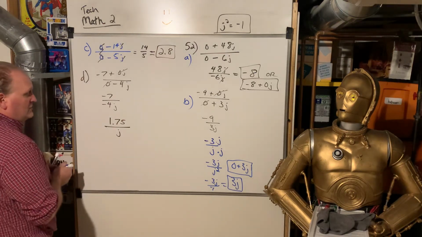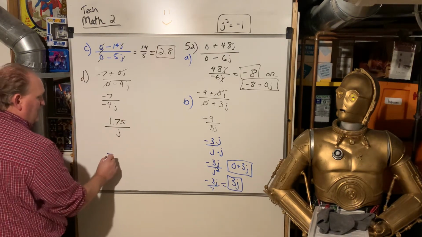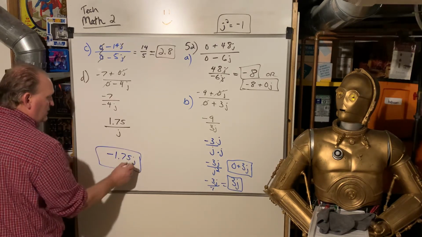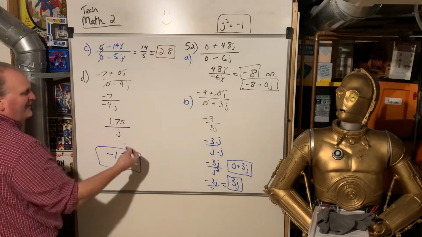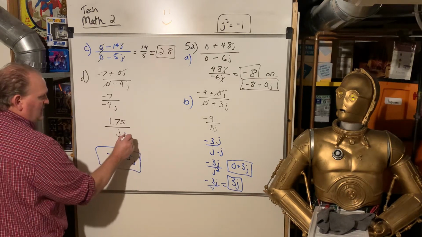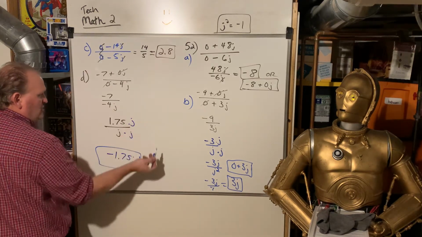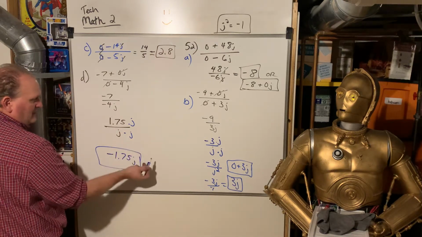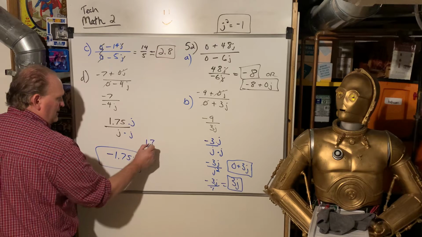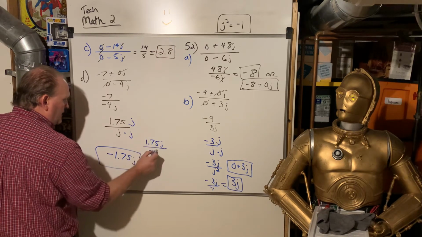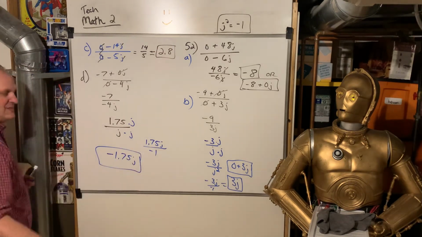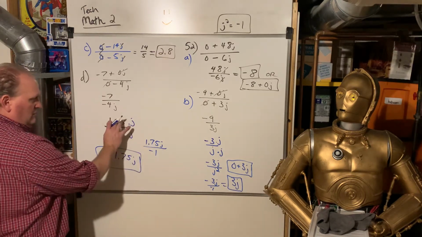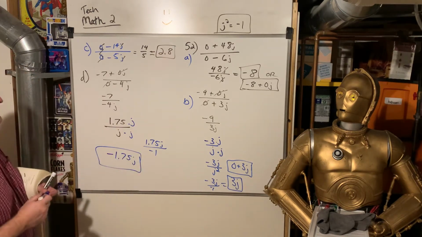I've had students in the past say, look, I'm just going to make it negative 1.75j, and we're good, like when I move it up to the top, that makes it negative. Yeah, I'd like you to understand you multiplied top and bottom by j. That's where the j came from on the top, and on the bottom, that becomes negative 1. So you've got 1.75j over negative 1, and that's why it becomes that. But if you want to skip that work and just go right from there to there, I'm okay with that.